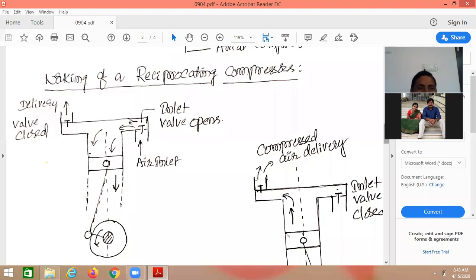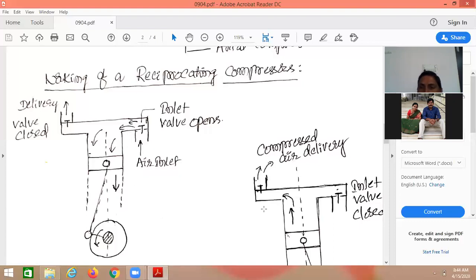During the suction stroke, the piston moves from TDC to BDC, reducing the pressure inside the cylinder, and the inlet valve is opened from the outside atmospheric pressure, and fresh air enters the cylinder. That happens for 180 degrees of crank rotation. So for every 180 degrees of crank rotation, the suction stroke takes place in the compressor. That means the piston moves from TDC to BDC.